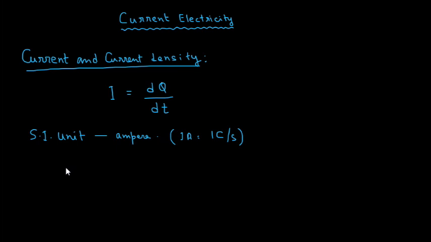So we can write I is equal to n, the magnitude of q, the charge, Vd, drift velocity, and area of cross section.